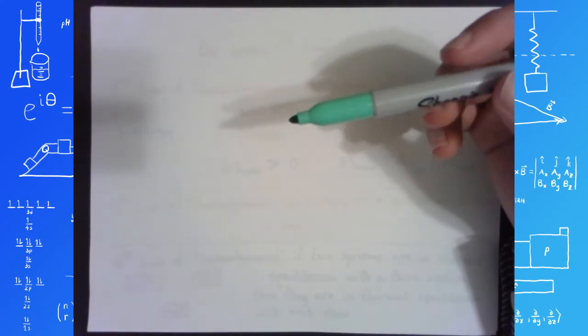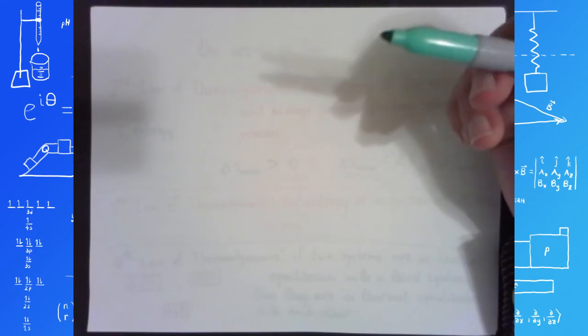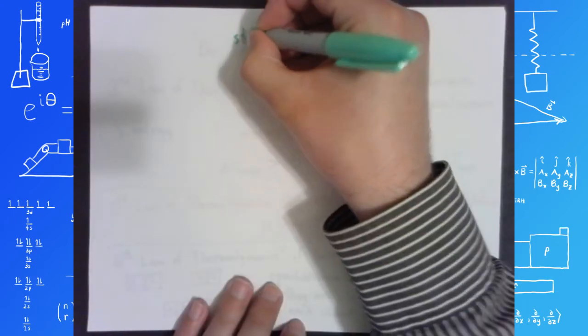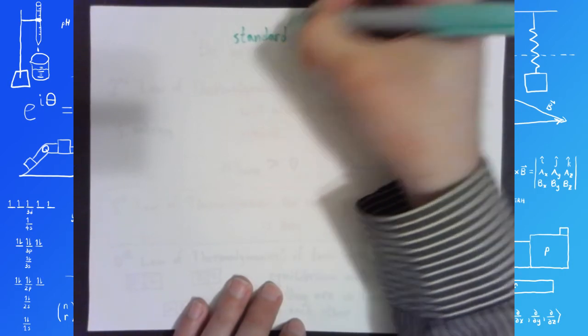For gas laws, we defined standard temperature to be 0 degrees Celsius, 273 kelvins, and the standard pressure was still 1 atmosphere. In thermodynamics, standard conditions means two things.